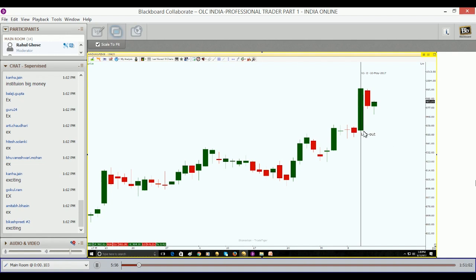Now, the candles next to my leg out. This candle over here, is this a boring candle or an exciting candle? Boring candle, fantastic. What about the one next to this?